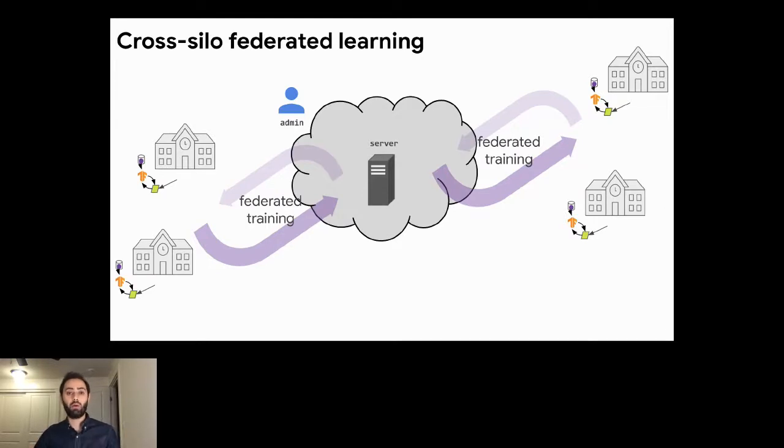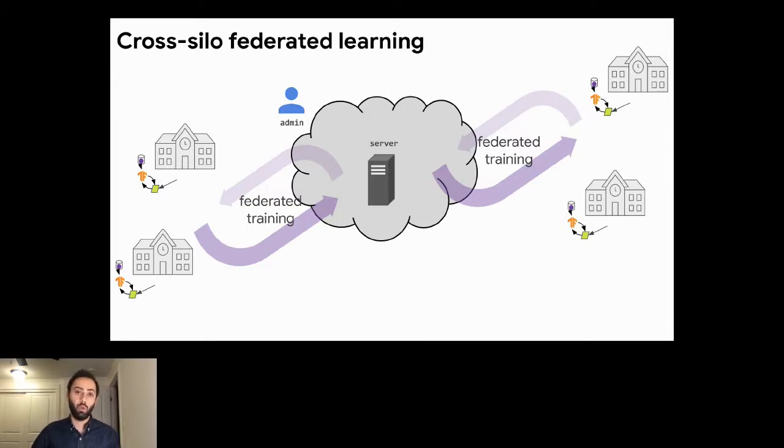So compute power is not limited per client, and each client has possibly many thousands of training examples, or maybe even hundreds of thousands or millions of training examples. Whereas in the cross-device, you have far more clients, but each client has far less compute power and far less data per node.